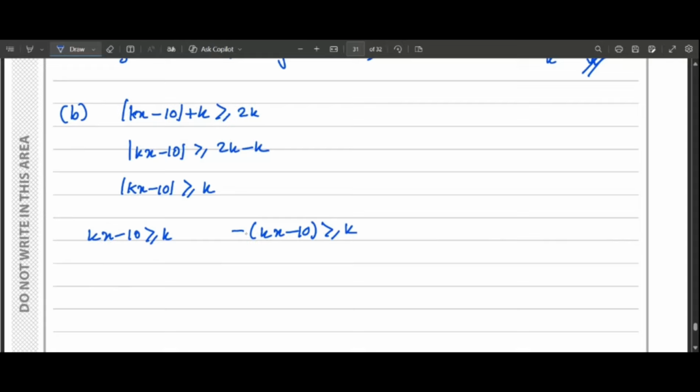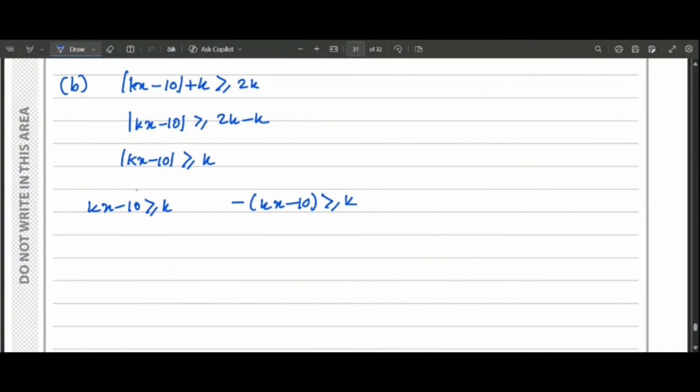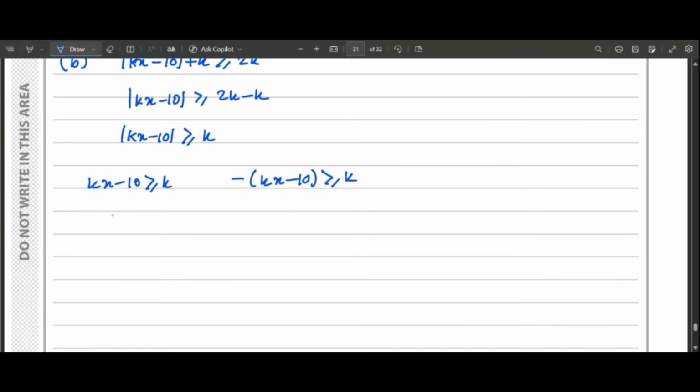There are two possibilities. One is for when kx minus 10 is positive, and another is for when kx minus 10 is negative. So from this, we can try to solve our inequality. So we can write kx is greater than k plus 10, or x is greater than k plus 10 by k.